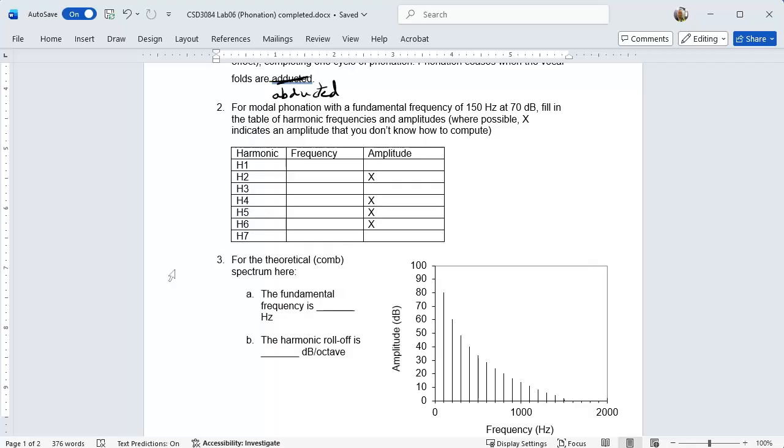And like any other sound, our two main measures of that are frequency and amplitude. In the case of phonation, we have that basic vibration of the vocal folds that creates a fundamental frequency for that complex periodic sound, its lowest frequency.